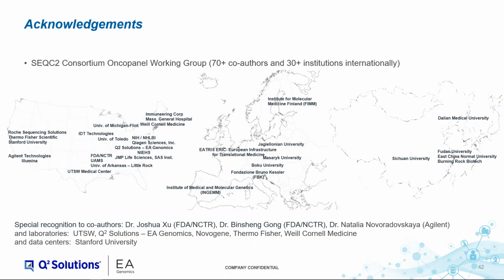So if this benchmarking data set is used by vendors to benchmark the panel and the bioinformatics pipeline, and sometimes the pipeline would filter out germline variants, how to address this? Yeah, that's a very good question.